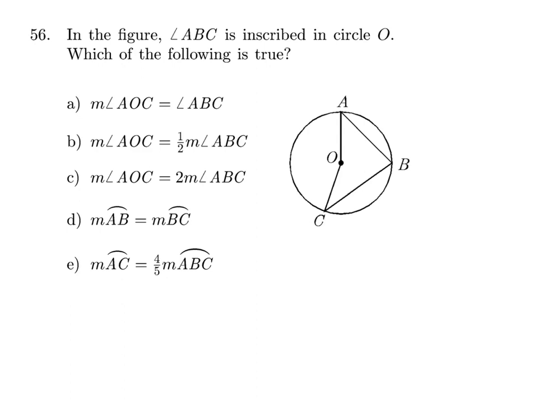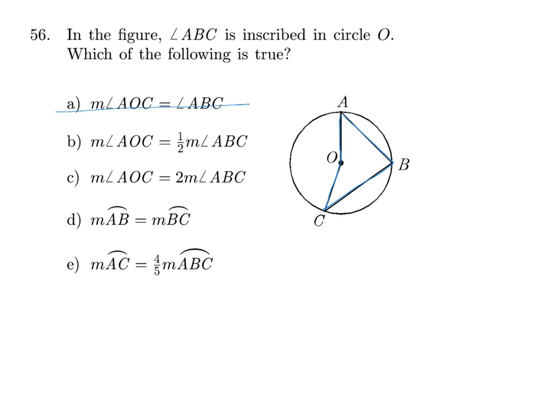In the figure, ABC is inscribed in a circle. Which of the following is true? Measurement of angle AOC, this angle here, is equal to ABC? No, one's a central angle and one's an inscribed angle. That can't be.